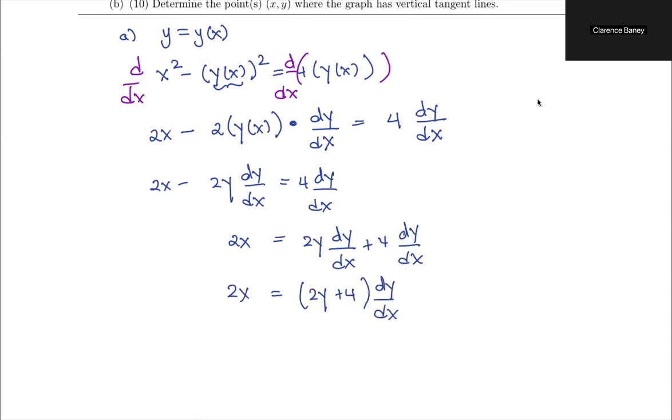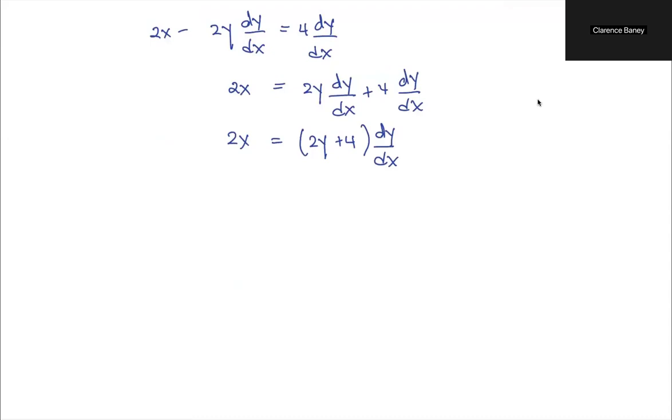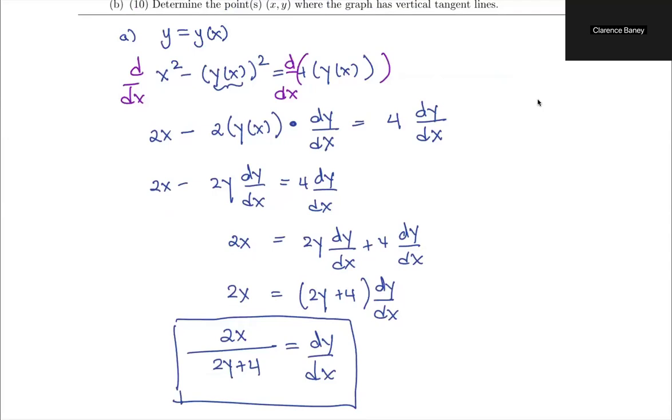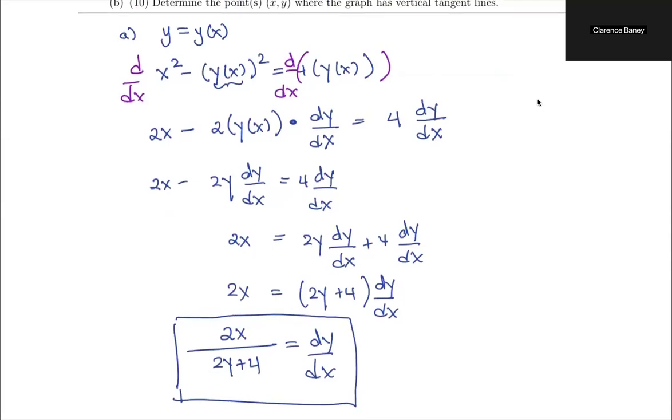At which point I can then divide by 2y plus 4 in order to get my dy/dx. And so dy/dx is equal to 2x over 2y plus 4. I had made a mistake in my comments to the class, and I'll explain that in a moment, but on your grading, make sure that you have at least this formula in order to receive full credit for part A.